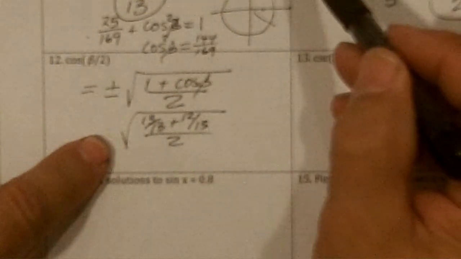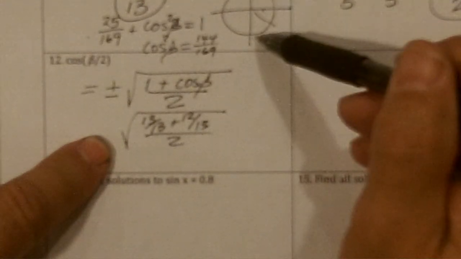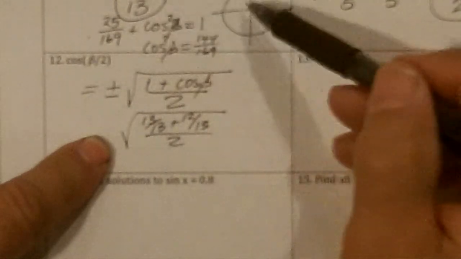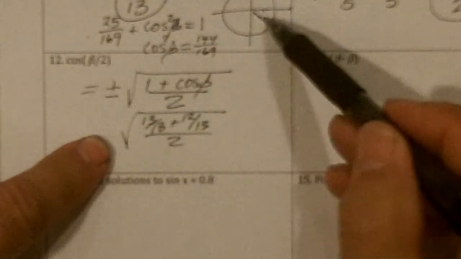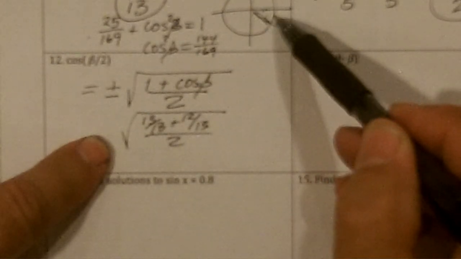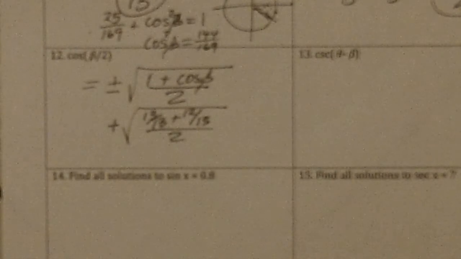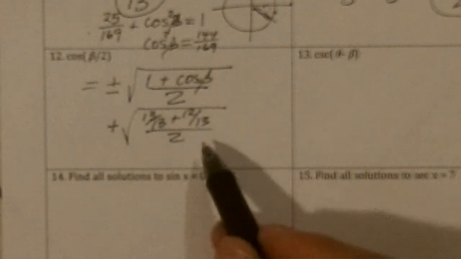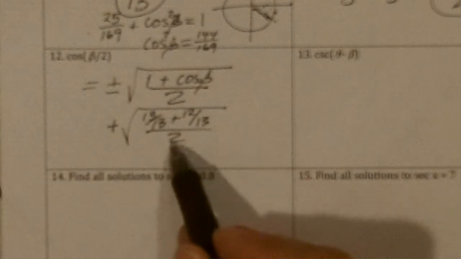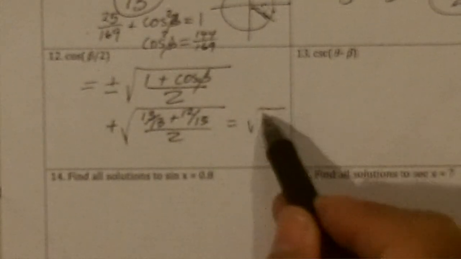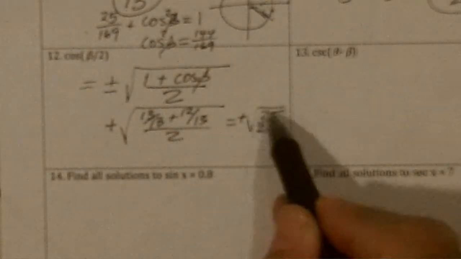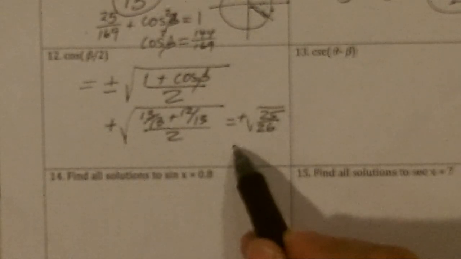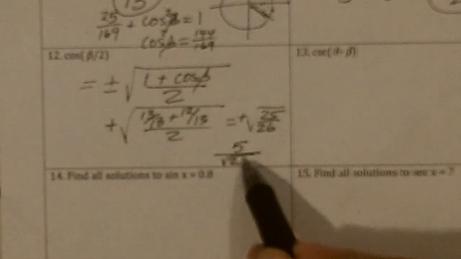So beta was in the first or fourth, and we decided it had to be cosine's positive and the sine is negative, so it's in the fourth. And if we take half of that angle, it's still in the fourth, and so the cosine is still positive, so we want the positive answer. And this is going to be 25 over 13 cut in half, so this is going to be the square root of 25 over 26, and we want the positive, and we know the square root of 25, so this is 5 over the square root of 26. Good enough.